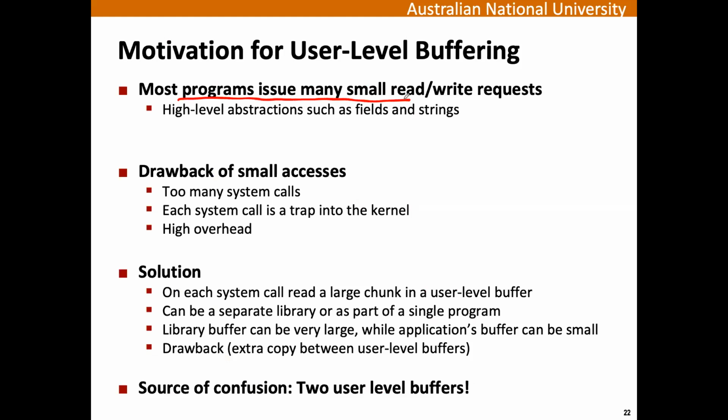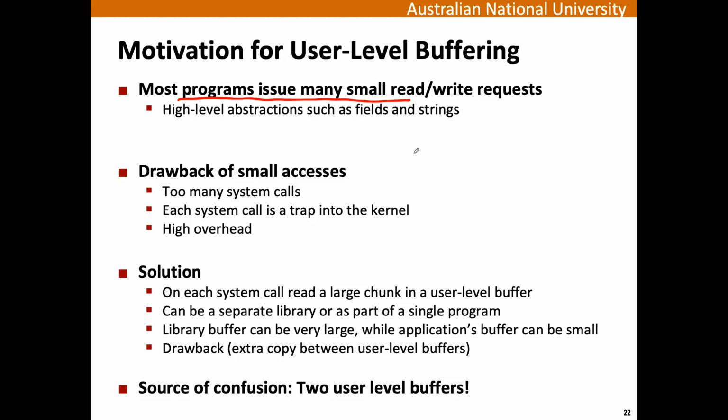This is how programmers think. They think in high-level abstractions. They think of fields inside a structure. But the drawback of small accesses, reading or writing a few bytes at a time, is you end up with a lot of system calls, and system calls are very expensive.